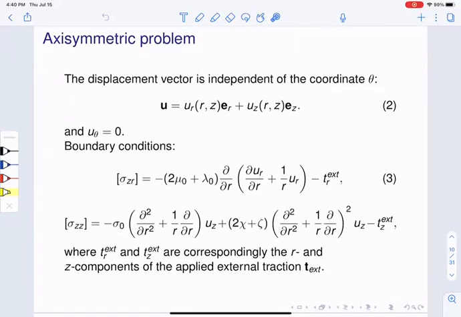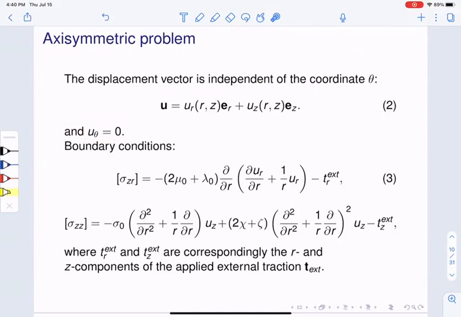So for axisymmetric problems, we have a displacement vector here, which has just two components. So in cylindrical coordinates, we have U R and U Z, and both depend on the R and Z coordinates, and U theta is just 0.